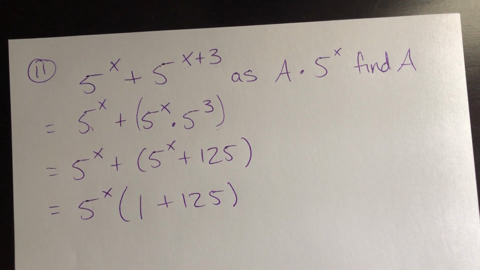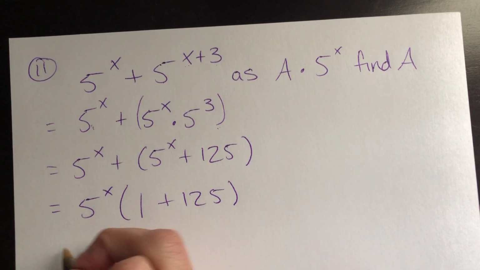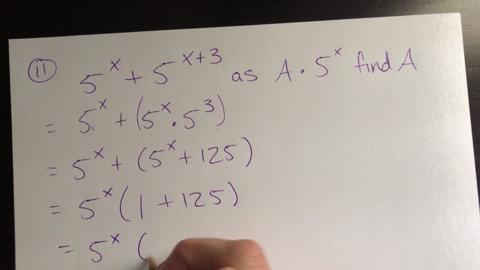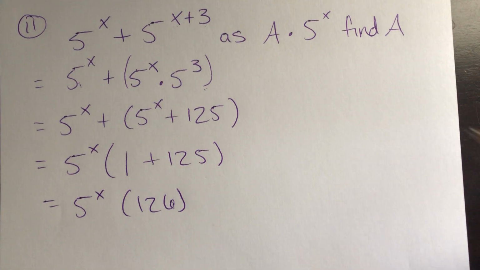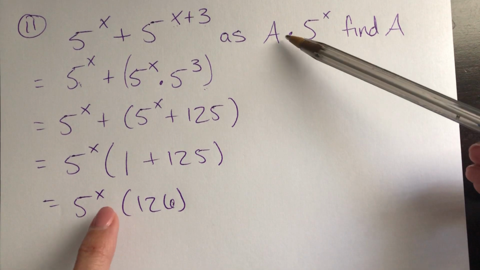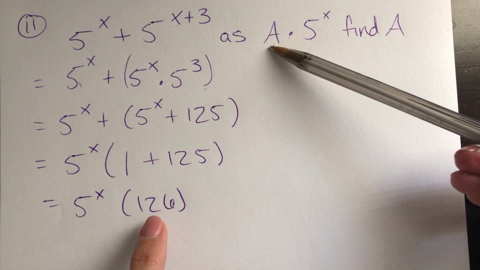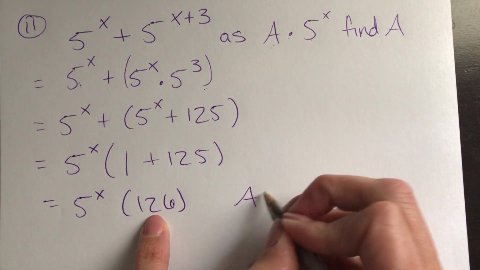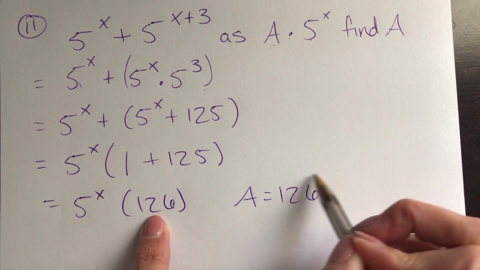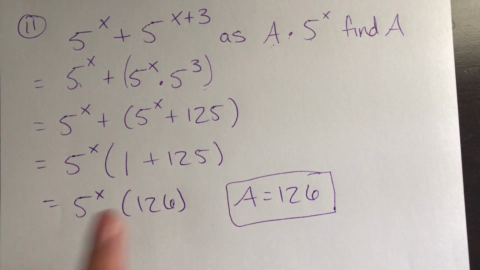Okay, and then you just add 1 plus 125 is 126. Now you have what you wanted, that 5 to the x times a number, so that A is 126. Ta-da!